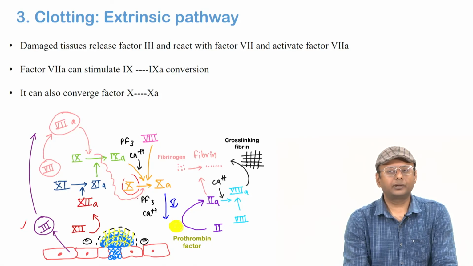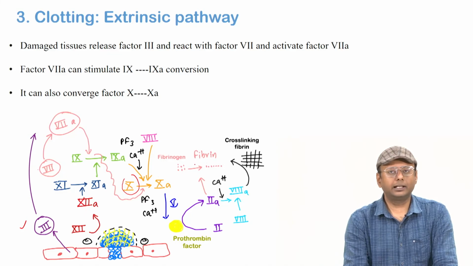So, in the presence of prothrombin factor 3 and calcium, and also factor 5, the prothrombin factor can activate factor 2 to factor 2A, and eventually factor 2A is used for activation of fibrinogen to fibrin.